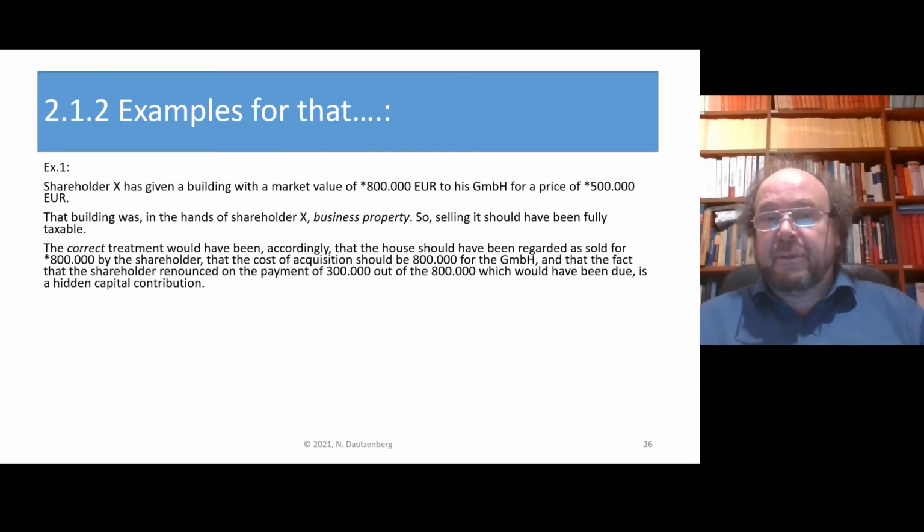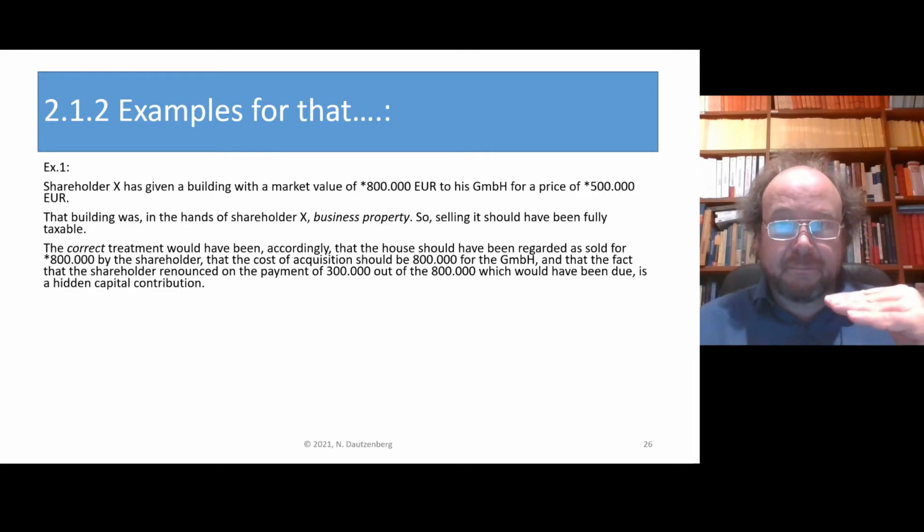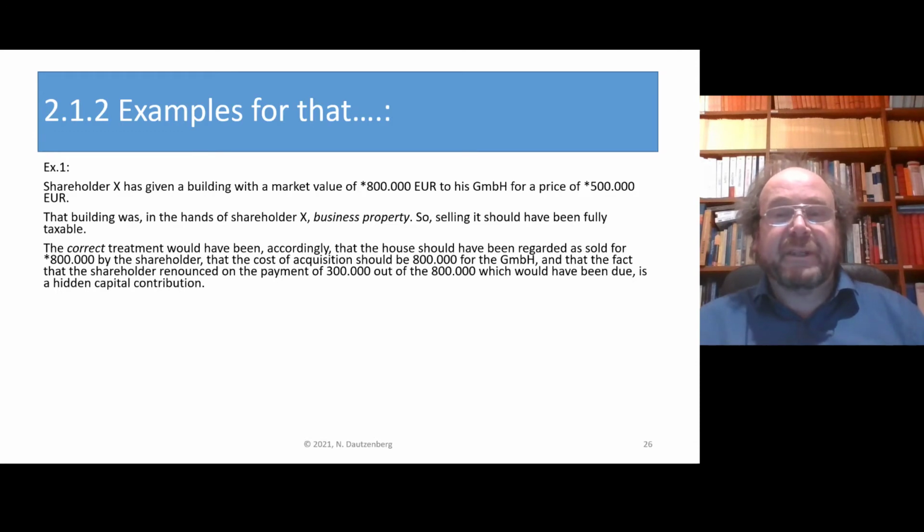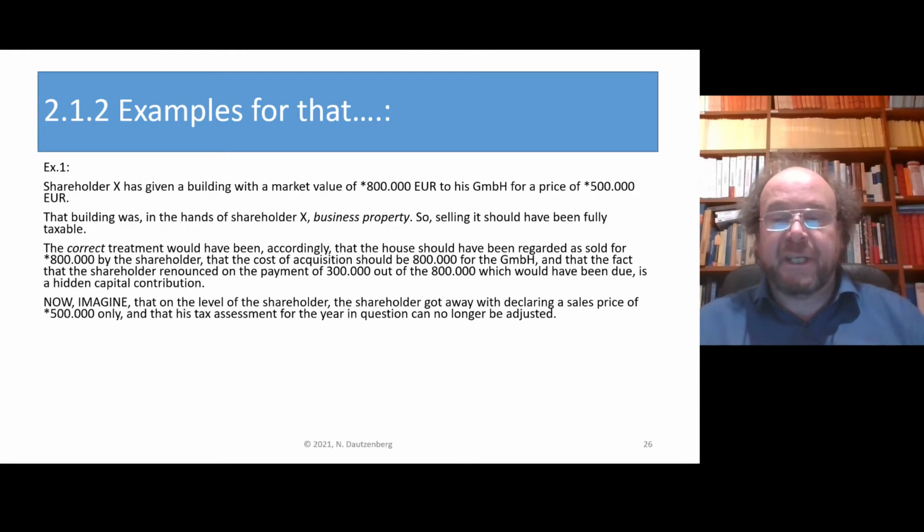So the shareholder would have to tax a sales price of 800,000 from the house, and that 300,000 were not collected was then, in the second logical step, just a contribution, so these 300,000 would have to be treated as additional costs for the share.